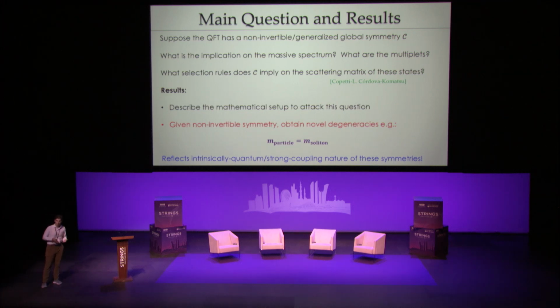In particular, we will find that non-invertible symmetries have particles and solitons in the same multiplet, and hence with degenerate mass. Okay, that's this equality here. This reflects the intrinsically strongly coupled or quantum nature of these symmetries. Intuitively, in a weakly coupled model, a particle is much, much lighter than a soliton. But here, we see them degenerate.